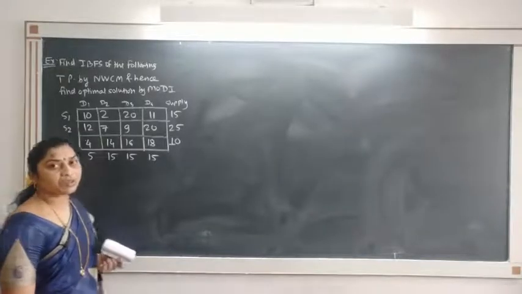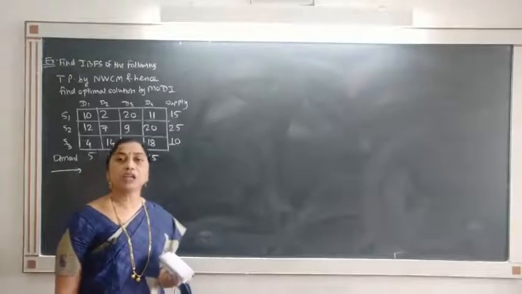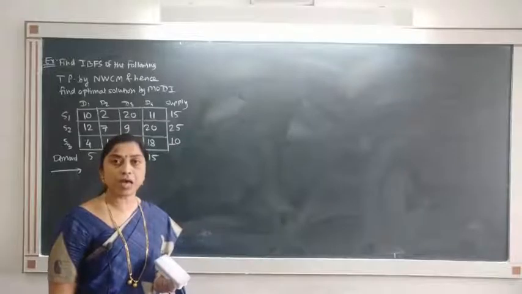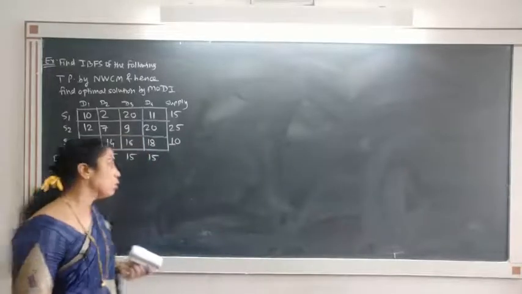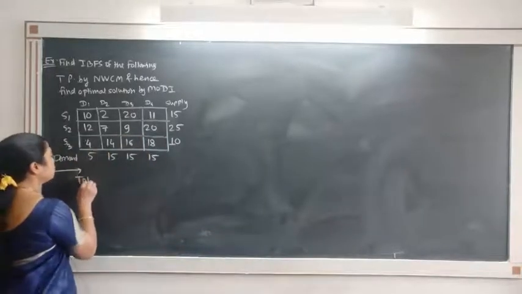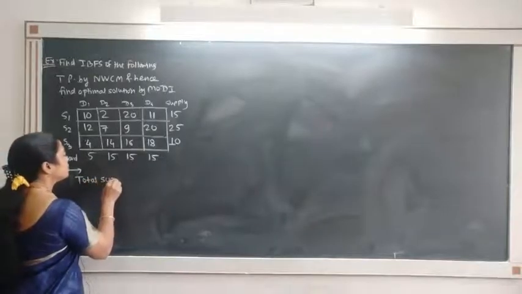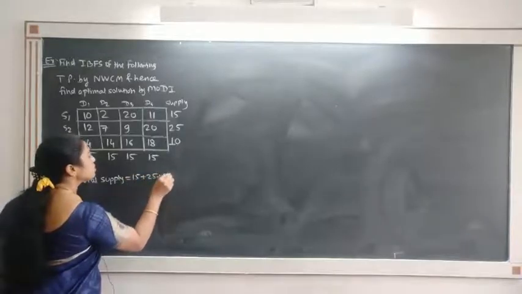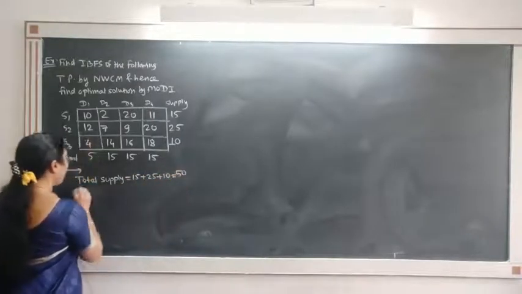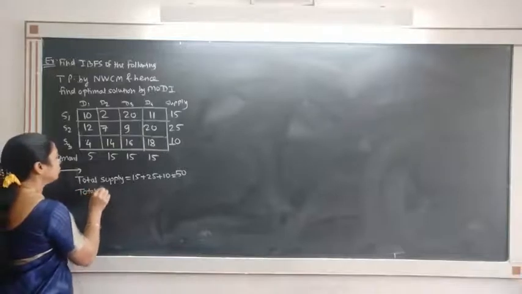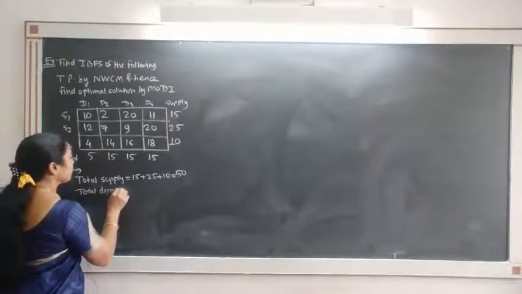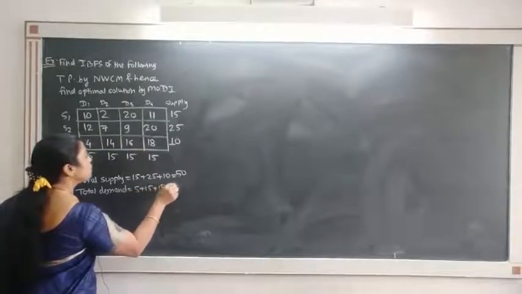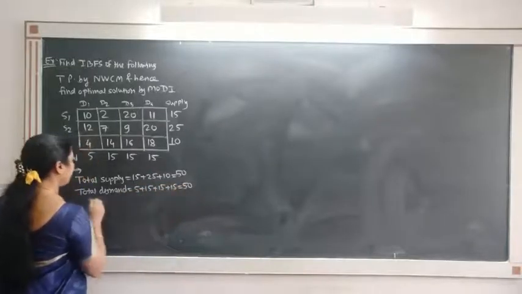To start with, the first condition is that the transportation problem must be balanced, that is, total supply is equal to total demand. So firstly see what is the total supply. Total supply is equal to 15 plus 25 plus 10, which is equal to 50, and total demand is equal to 5 plus 15 plus 15 plus 15, which is also equal to 50.